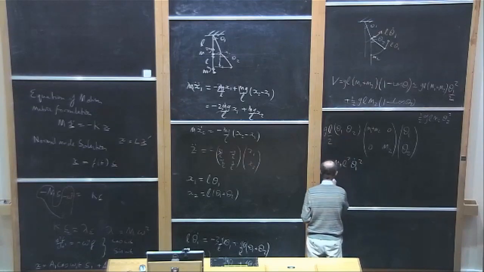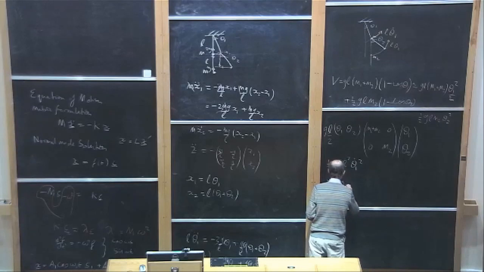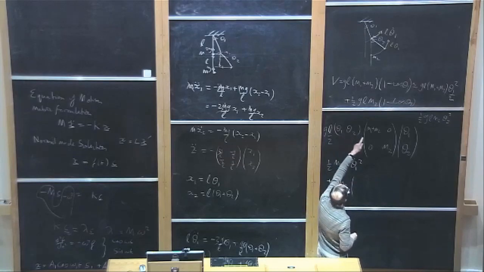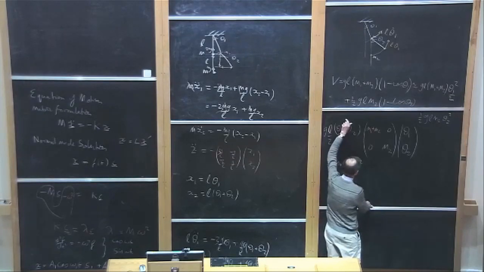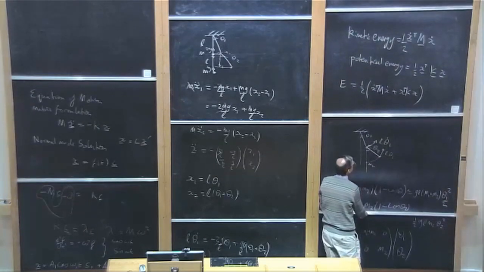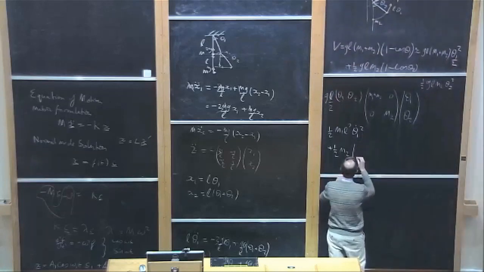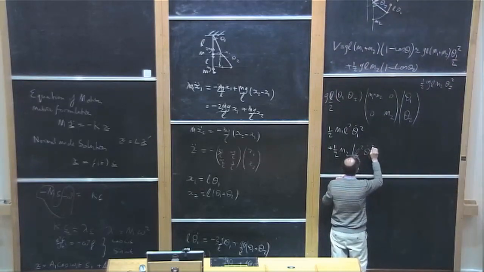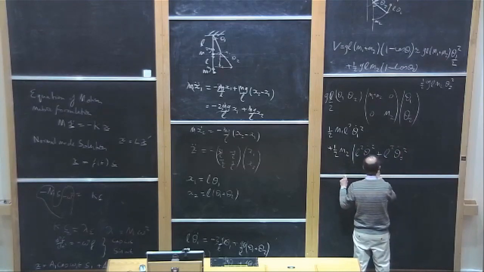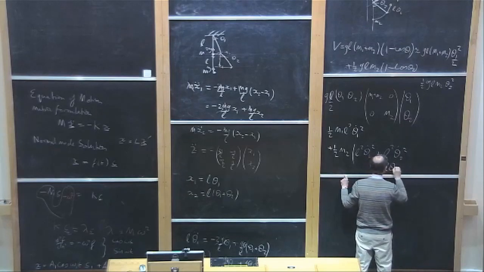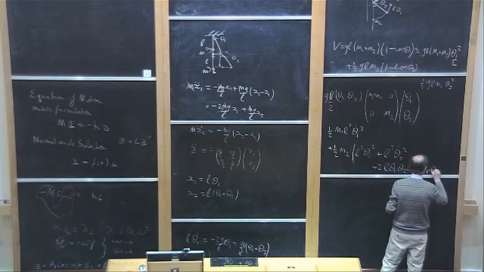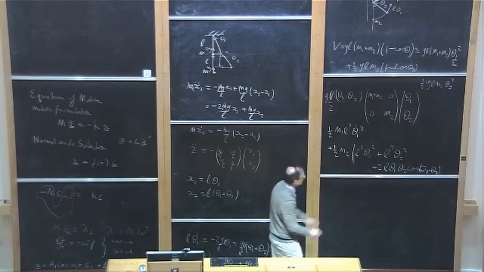That's the kinetic energy of the first mass, plus a half m2 times the square of the vectorial sum of those two motions there, which is L squared theta 1 dot squared plus L squared theta 2 dot squared plus 2L squared theta 1 dot theta 2 dot cos(theta 1 minus theta 2), the angle between those two vectors.